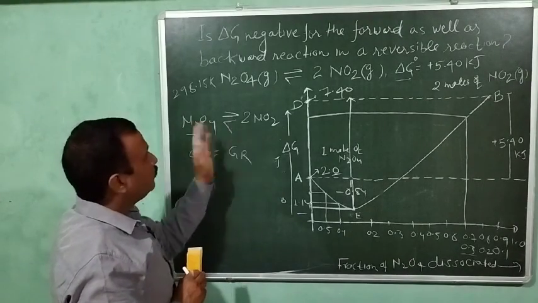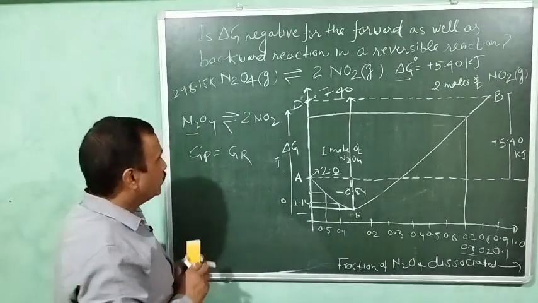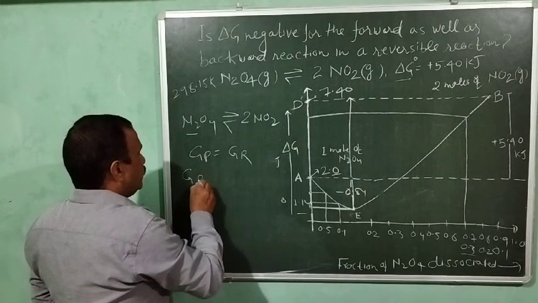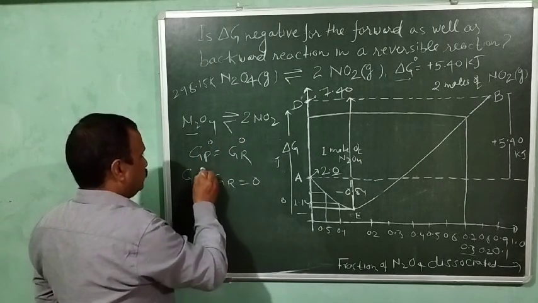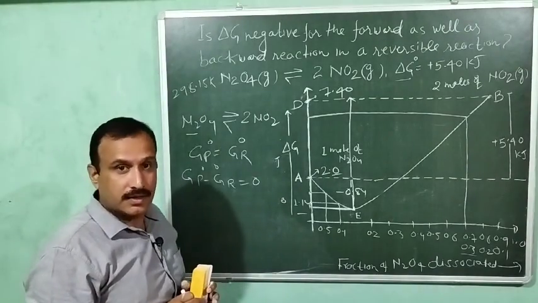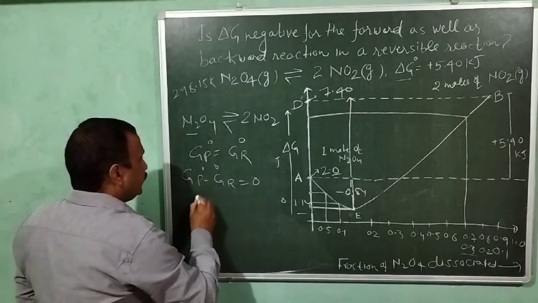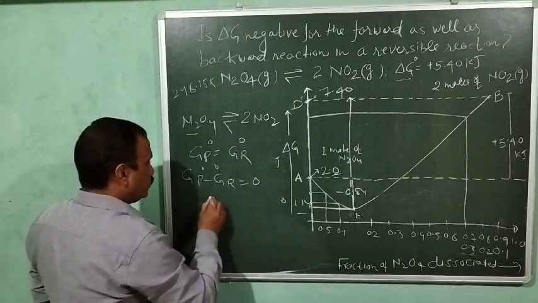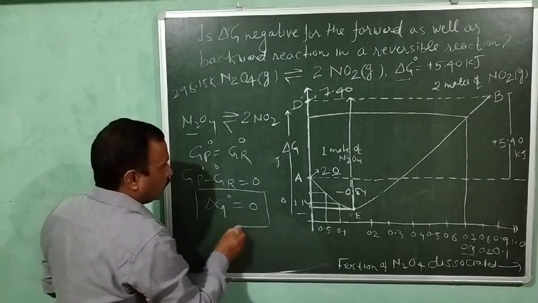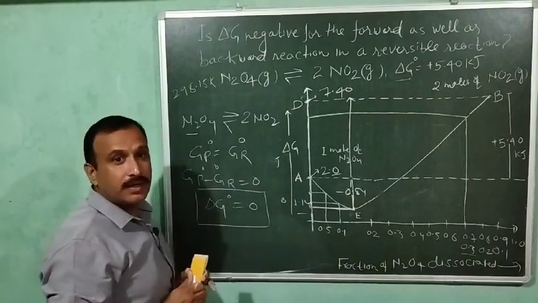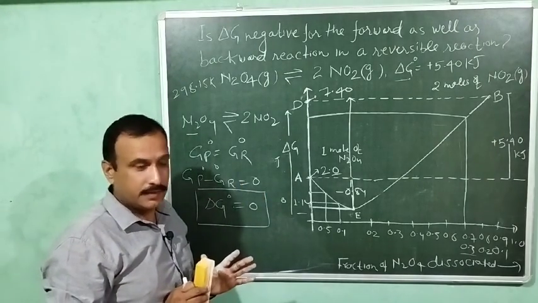रिएक्टेंट और प्रोडक्ट की फ्री एनर्जी क्या होगी इस पॉइंट पे, बराबर होगी, एंड Gp माइनस Gr will be equal to 0 और Gp नॉट, because the reaction is occurring under standard conditions. Then Gp minus Gr will be equal to 0. This means that delta G naught will be 0 at this point E. Understanding?